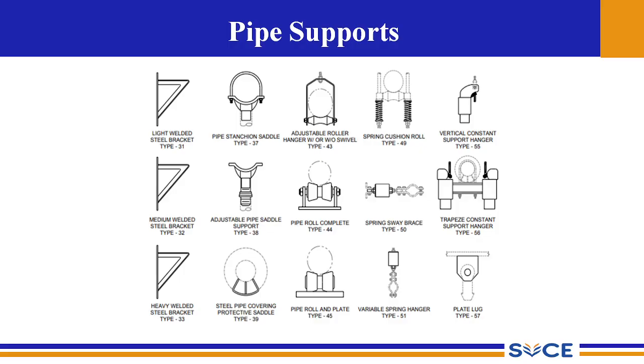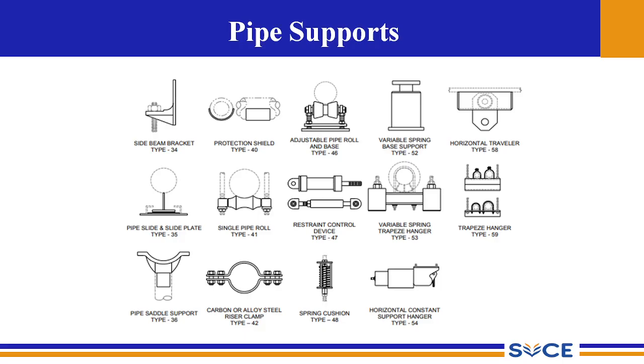Next, type 47 is a restraint control device. So the restraint control device is a rigid mechanical spring or hydraulic device. It's used for absorbing shock loading, and it is also used to control the sway in the piping systems. Sway is a kind of a pendulum swinging. So you imagine it as a kind of a swinging movement.